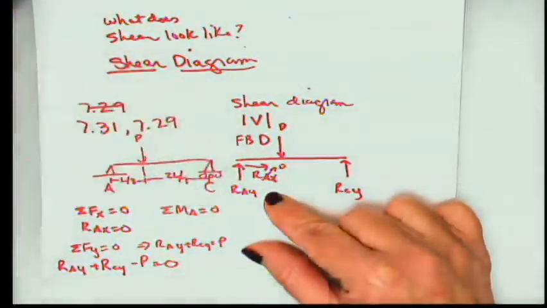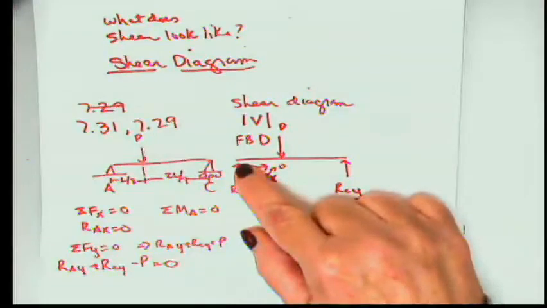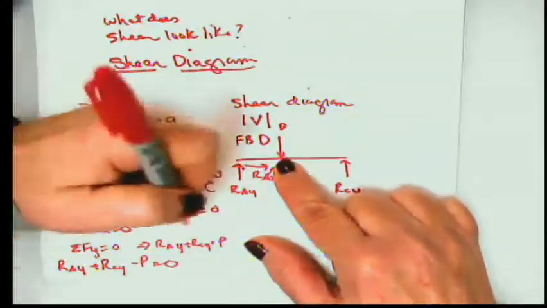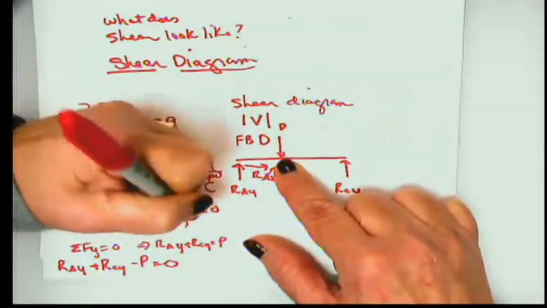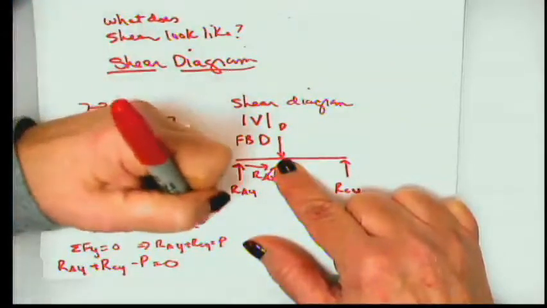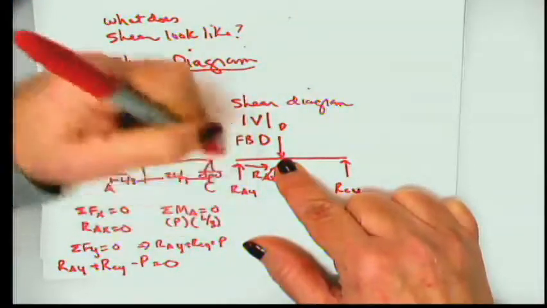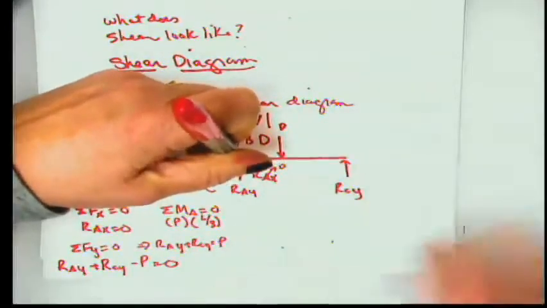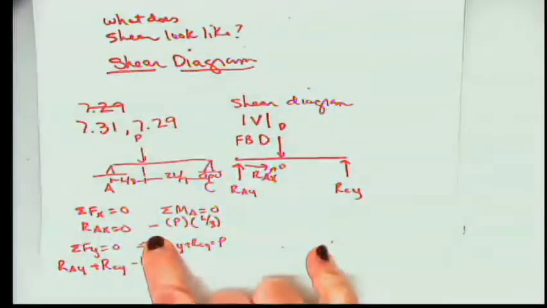Those have to equal 0 as well. That will eliminate RAY. So we have the force of P, and the moment arm there is L over 3. And if I pretend like I put a pin here and I rotate, that's clockwise. So it's negative.